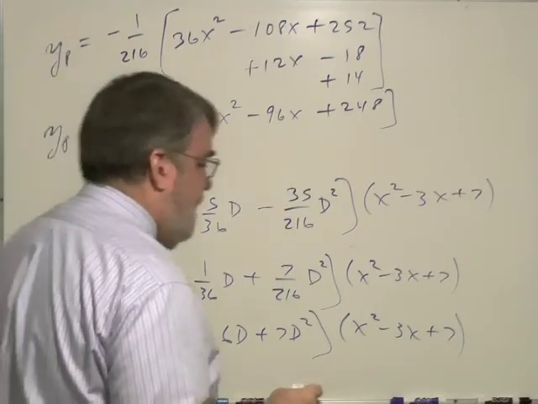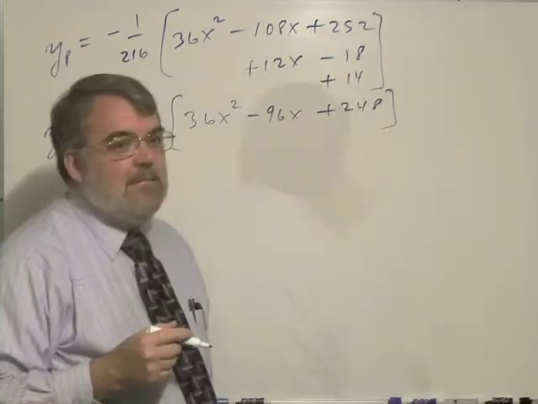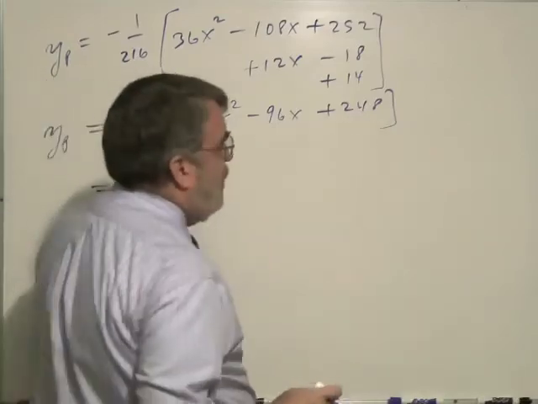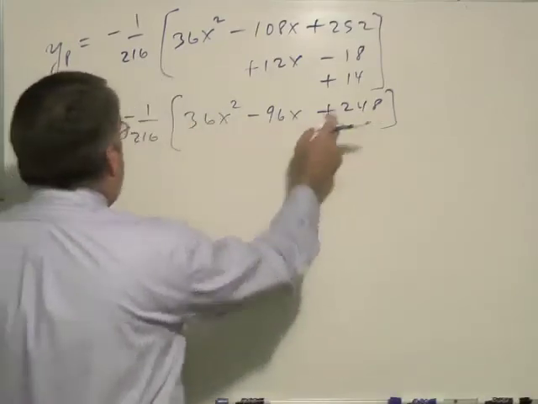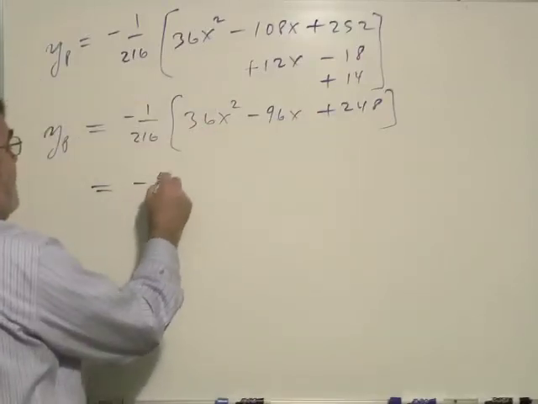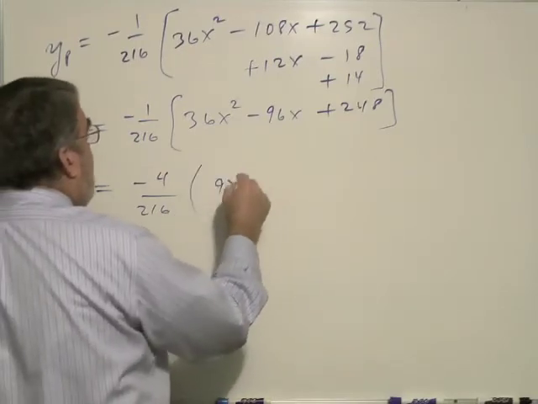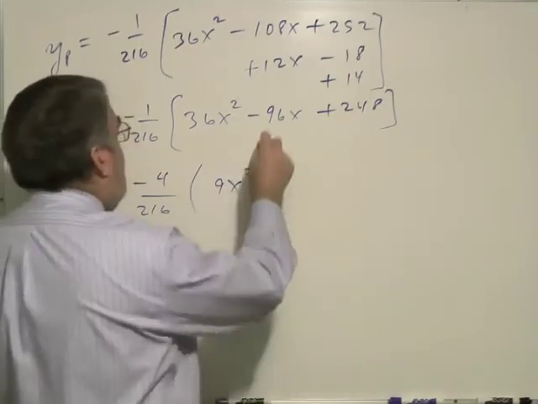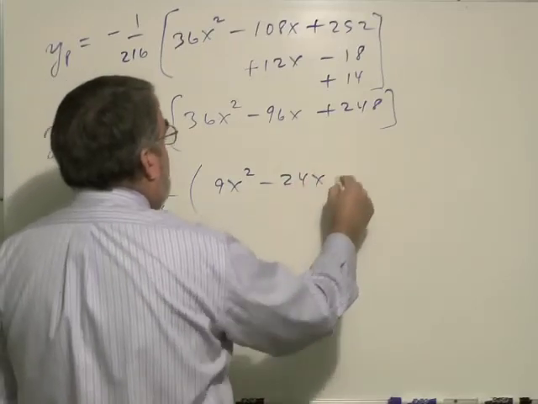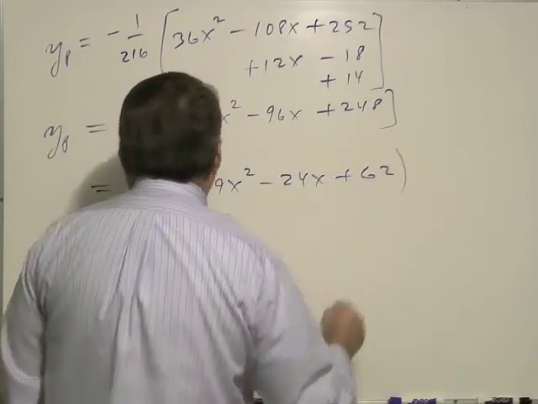A minute ago I said I was going to factor out 6, but 6 doesn't factor out of 248. But looking at this, we can factor out at least a 4. So I'll factor out 4, and that gives us 9x squared minus 24x, since 4 into 96 goes 24 times, plus 4 into 248 is 62.